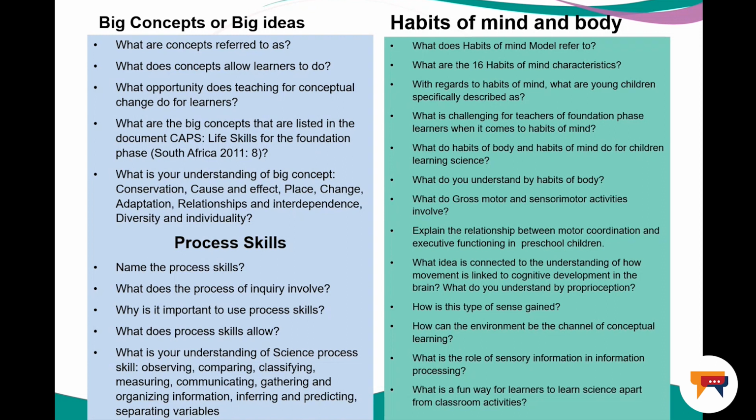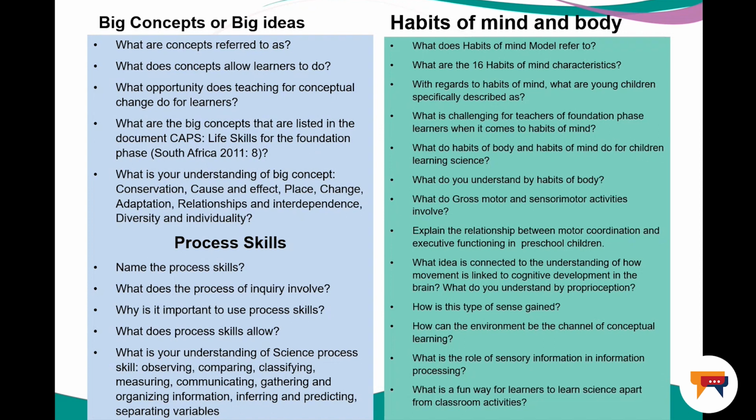This is what we are aiming for in our foundation phase classroom. I know the challenge for teachers of foundation phase learners is to find ways in which to develop all of these characteristics in young learners. But through science process skills, we can develop their scientific literacy in a more extensive light.